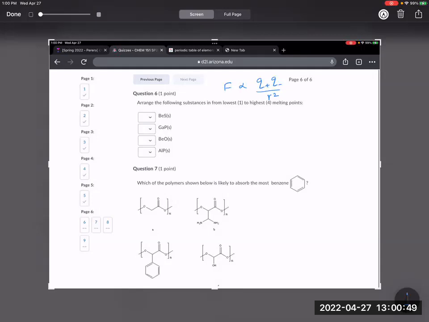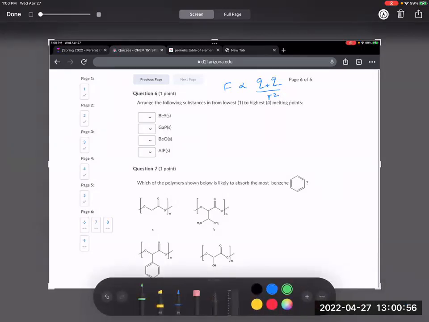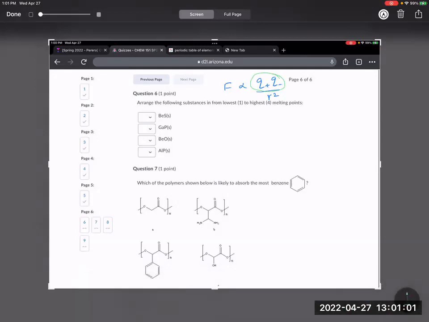Now to do this, I would determine the charge product first, because charge product is more important than the distance between the ions. So this is going to be the priority. So we have beryllium sulfide, beryllium oxide, gallium phosphide and aluminum phosphide.